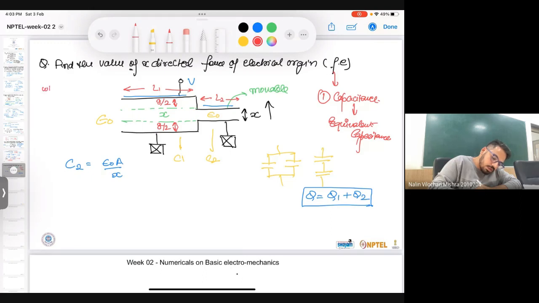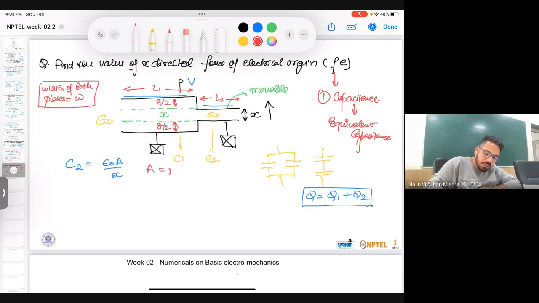So width of both plates is equal to W. So what will be area?